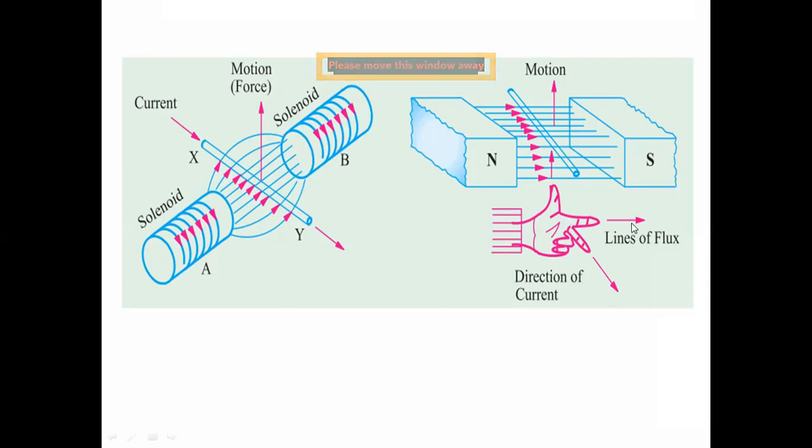The lines of flux are in the x direction, and the current is in the y direction, and due to the magnetic field, a force will be experienced by this coil or wire, and the wire will move in the upward direction. So that is Fleming's left hand rule that we are going to explain.